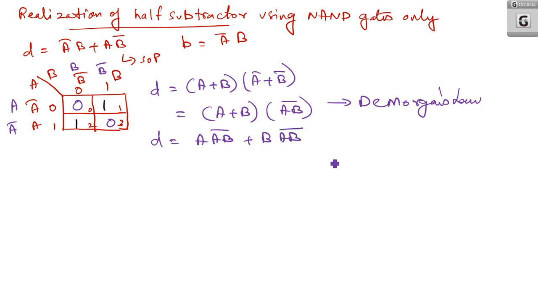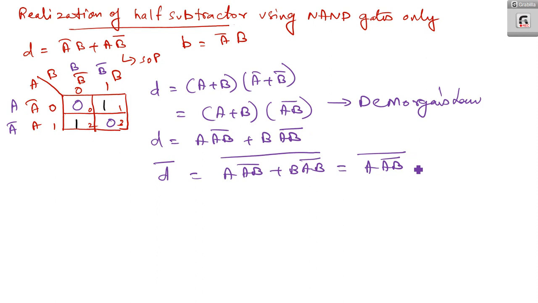Therefore, what is D bar? D bar you can write it as AB bar or B AB bar the whole bar. That is equal to AB bar the whole bar dot B AB bar the whole bar. Therefore, what is D? D is complement of D bar.